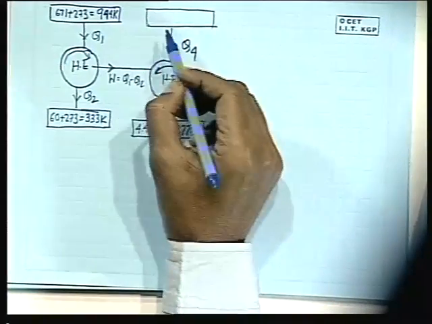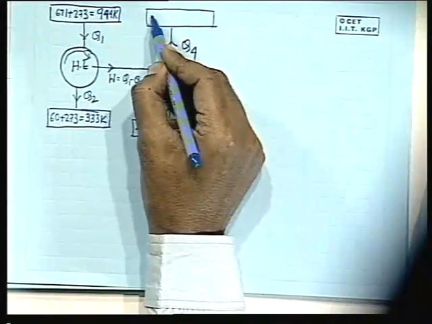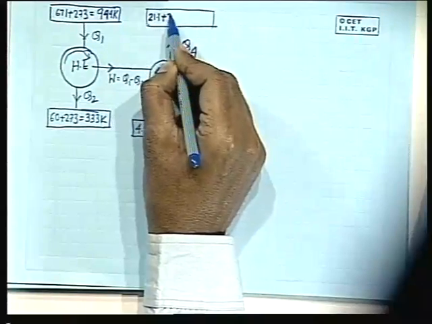What is the temperature to which heat is being delivered? It is 21.1 plus 273. What is this?